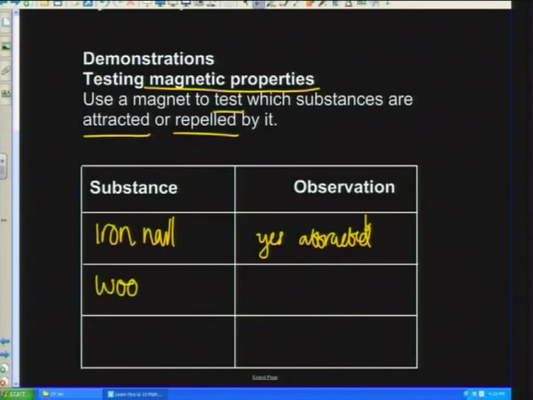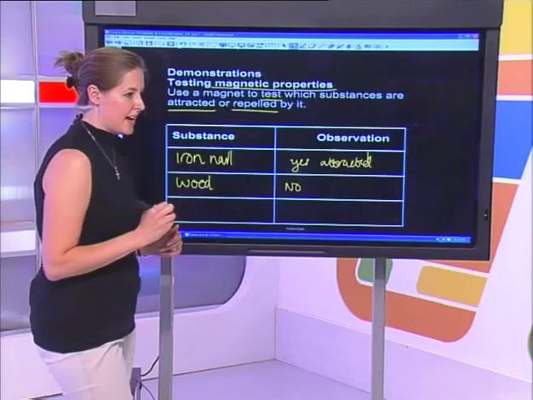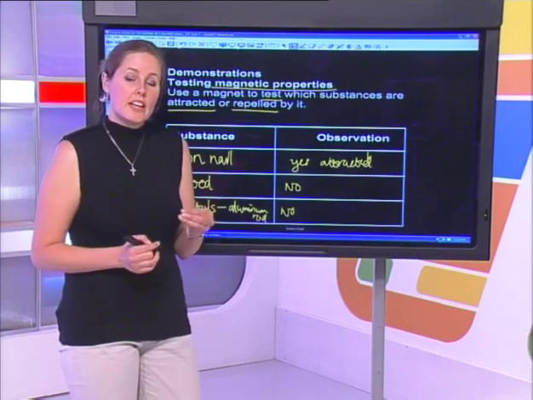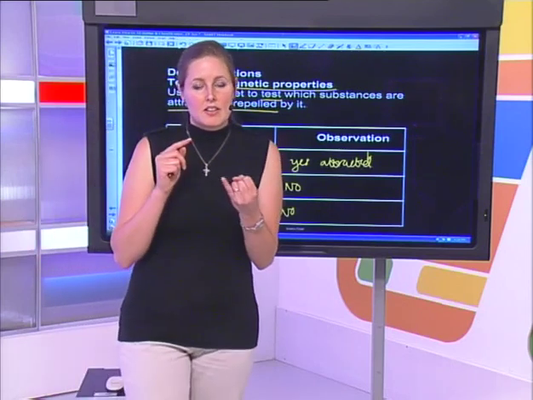What else did we have? Wood. No. Other metals, some metallic objects. I think we had an aluminium rod. No, certainly not. It's only those three that I mentioned.